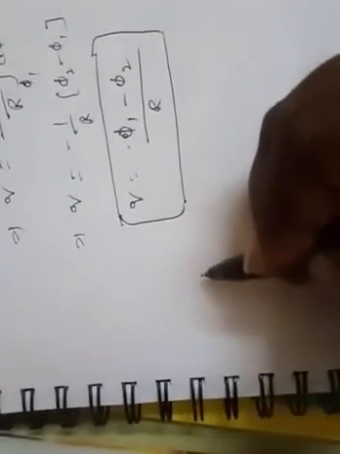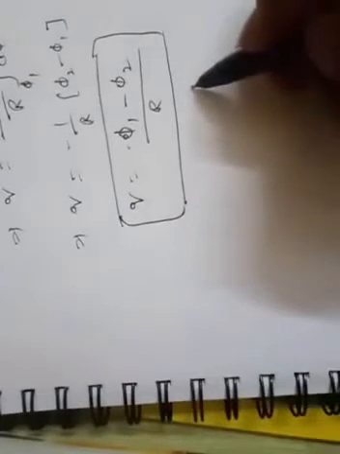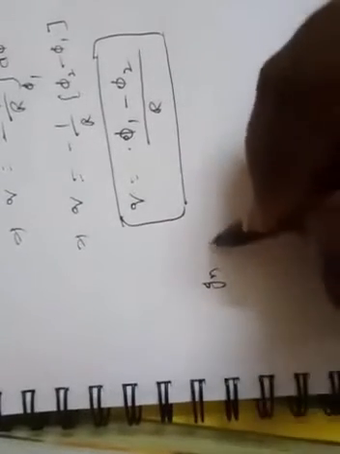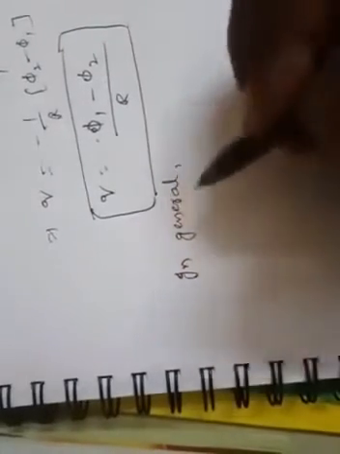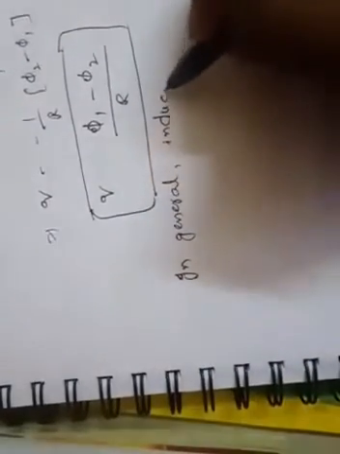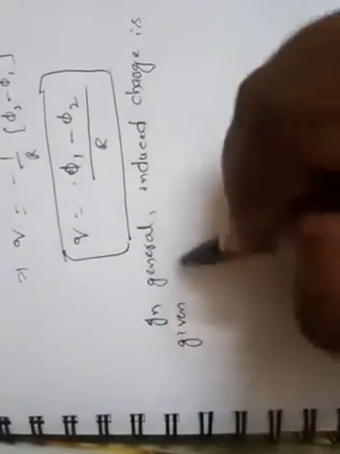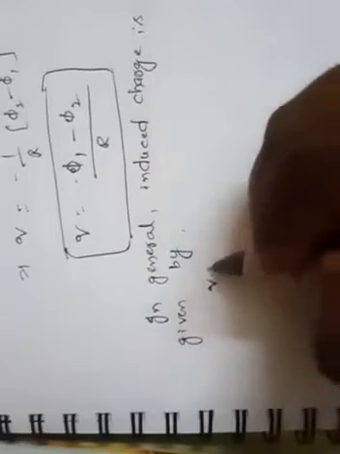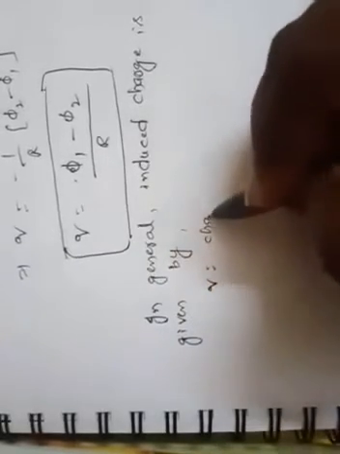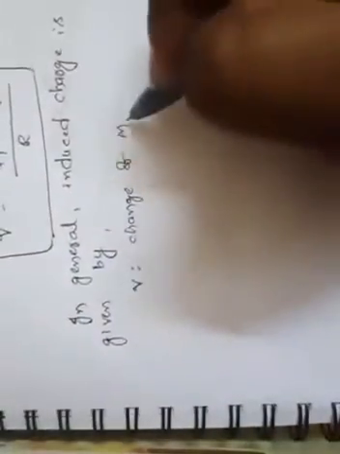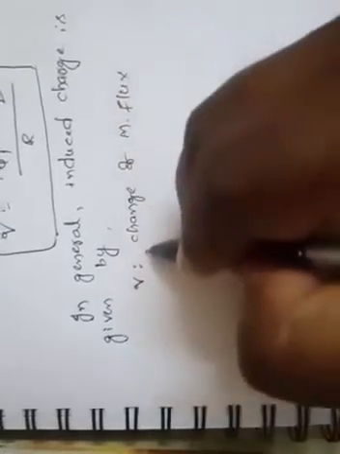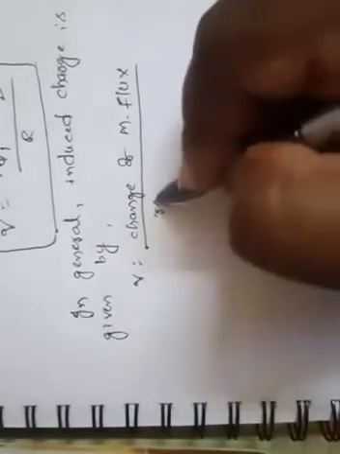In general, we are interested only in the magnitude of charge. So the induced charge is given by Q equal to change of magnetic flux by resistance of the circuit.